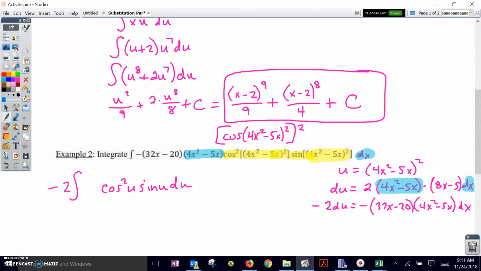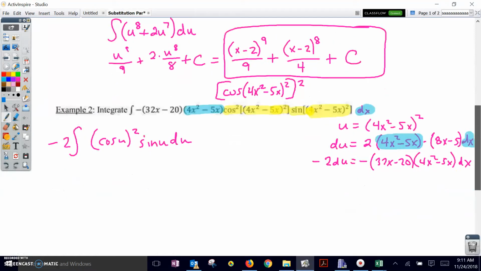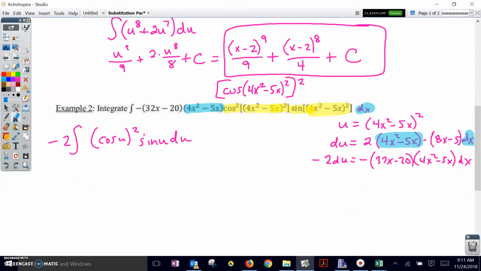Alright, now, it's still not something that I can readily take the integral of. So I'm going to have to make another substitution. The substitution that I'm going to make is I'm going to replace the cosine of u. And so I'll use another variable.